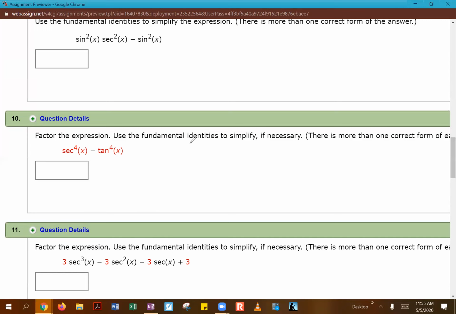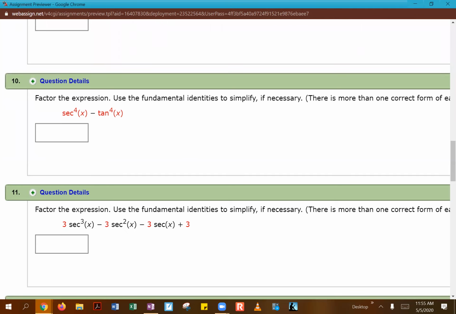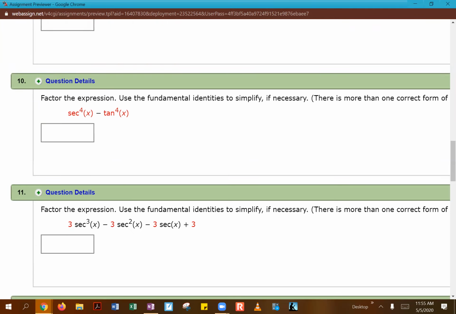Let's also take secant and turn it into cosine, so that way it's just all cosine and sine. Okay, so you said take secant and turn it into cosine? Yeah. So that would be 1 over secant, or 1 over cosine squared, or not squared, fourth power, right?